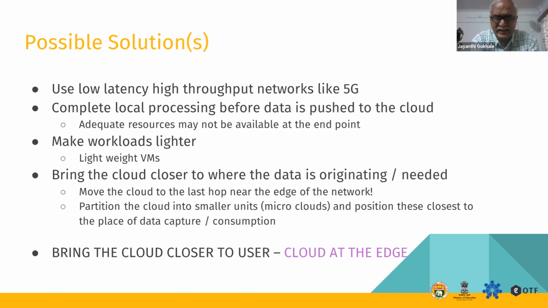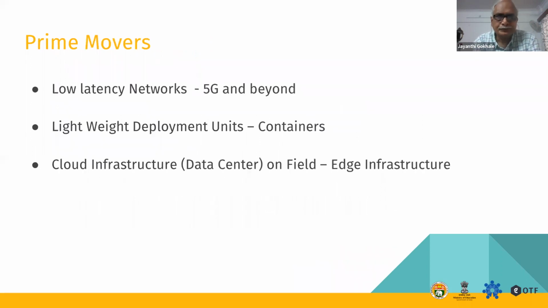You can just give it any name. Bring this down to a point which is absolutely closest to the place where you're going to consume information, where you actually require the infrastructure. And this is the paradigm, where you're trying to bring the cloud closer to the user, and we also call this a cloud at the edge.